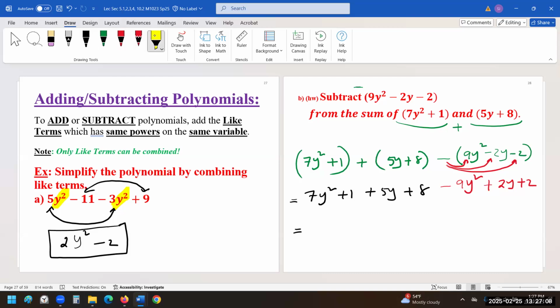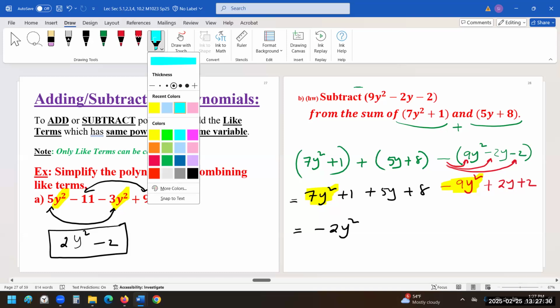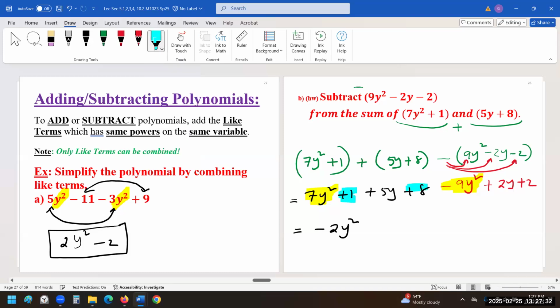So then you combine like terms. We have y squared once, y squared twice. That means you need to collect all the y squared. We get negative 2y squared. And then we have plus 1, plus 8, and plus 2.